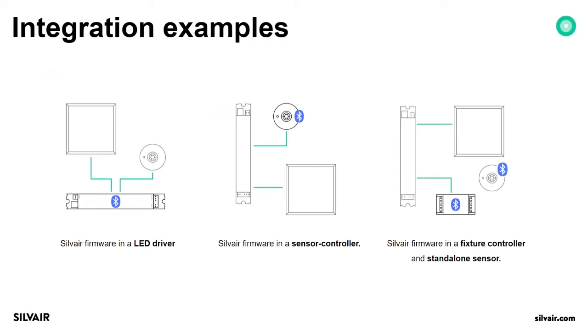That driver is Bluetooth mesh enabled only. In the middle, we have a sensor controller with built-in Bluetooth mesh firmware only in the sensor. The sensor connects to the LED driver, and the driver connects to the luminaire. In this case, only the sensor controller is Bluetooth mesh enabled.